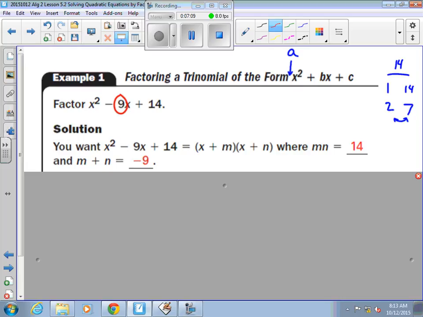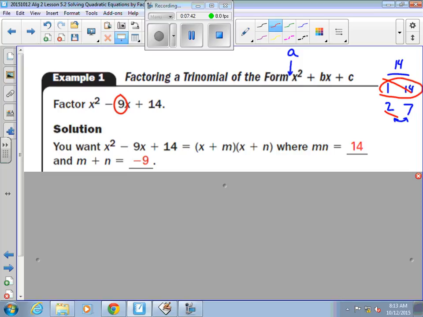If you add 1 and 14 together in both forms, both positive and negative, we're either going to get the number 15, or we're going to get some version of the number 13. We can make either positive or negative based on signs. But neither one of those, 15 or 13, is the number 9.